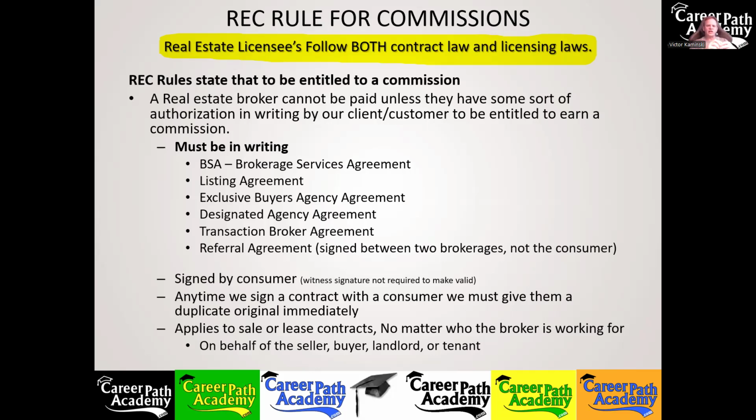Those authorizations can be a brokerage service agreement, the BSA, listing agreement, exclusive buyer's agency agreement, designated agency agreement, a transaction brokerage agreement, or a referral agreement.